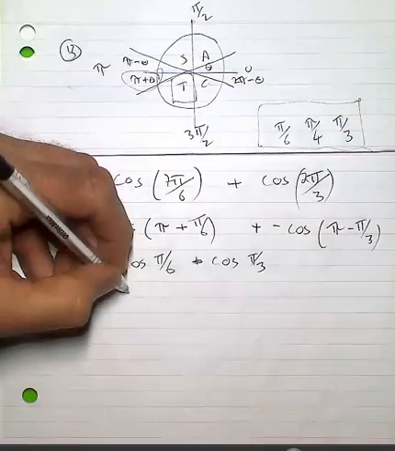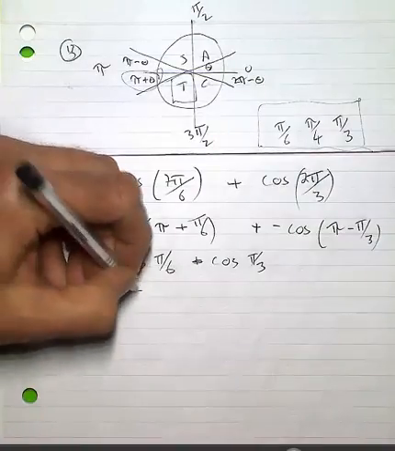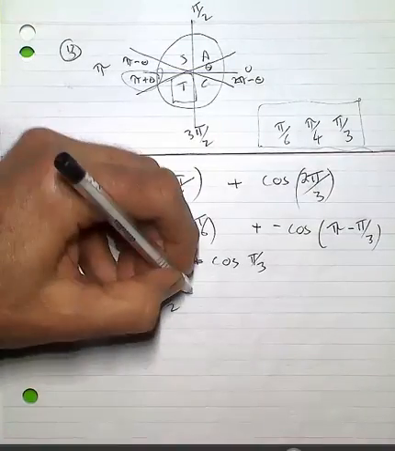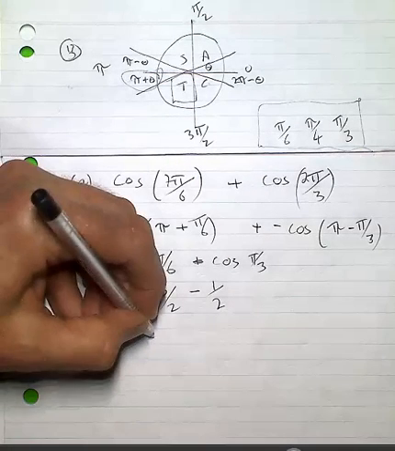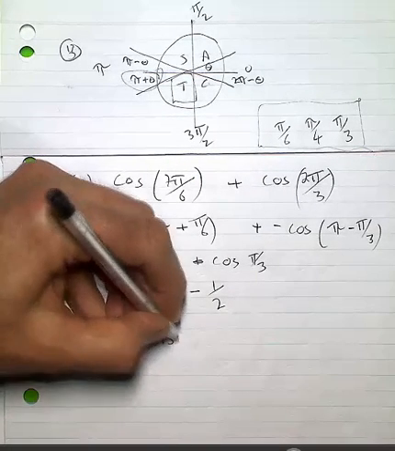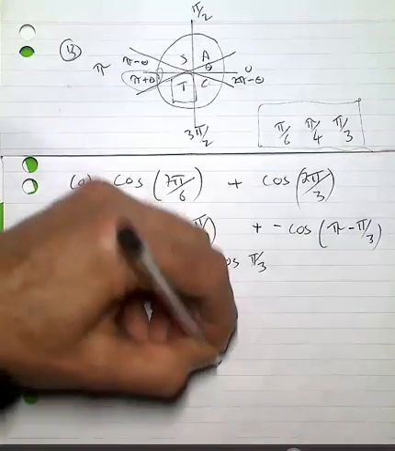Now, cos pi on 6 is negative root 3 on 2 minus 1 on 2, or if I want to neaten that up just a little bit, negative root 3 plus 1 all over 2.